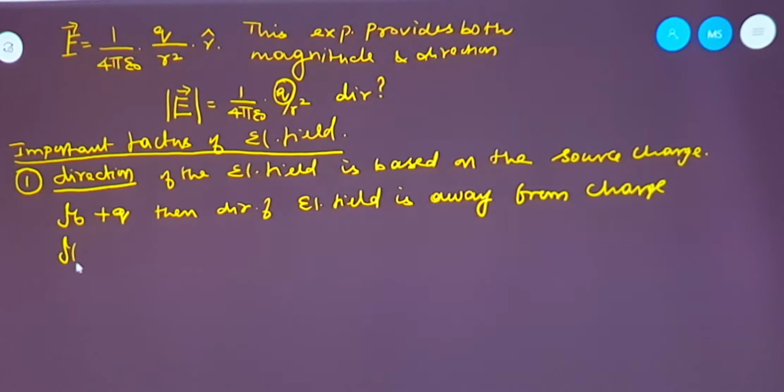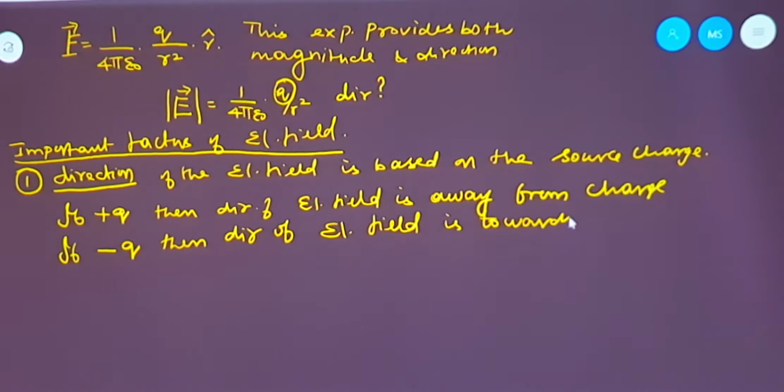Similarly, if the source charge is negative, or minus Q, then the direction of electrical field is towards the charge. Diagrammatically we can represent it: if the source charge is plus Q, the direction of electrical field will be away from the charge.